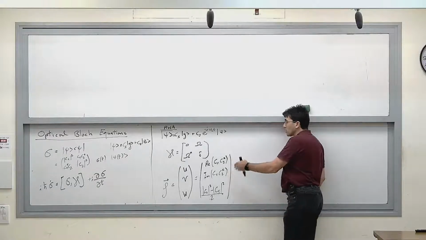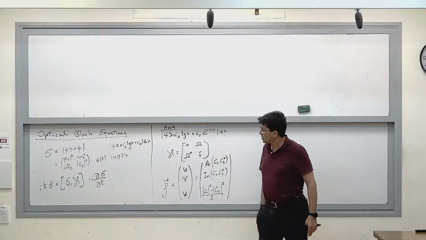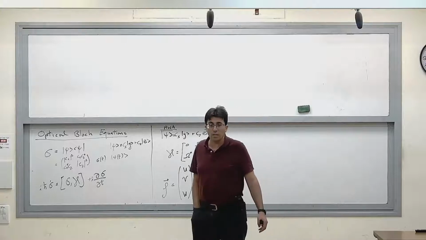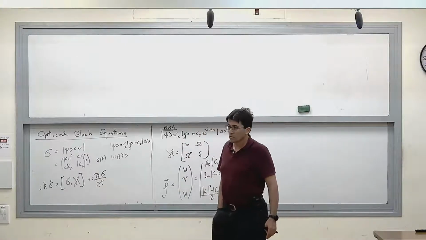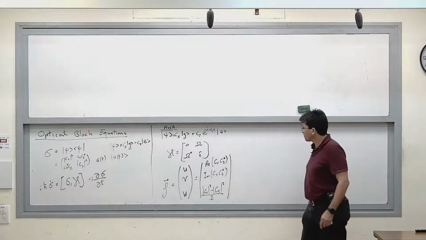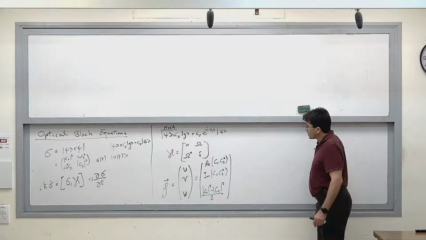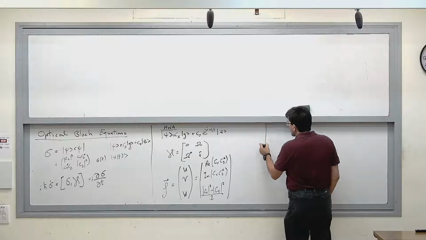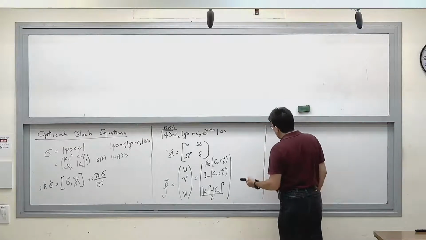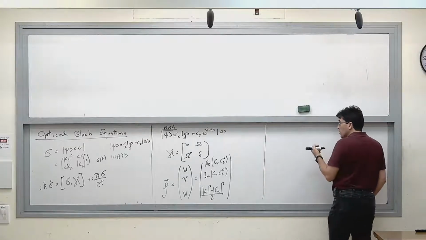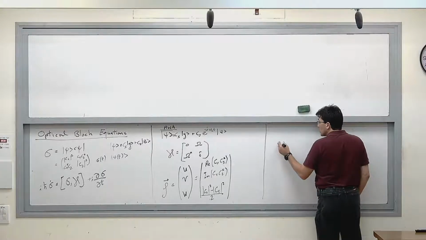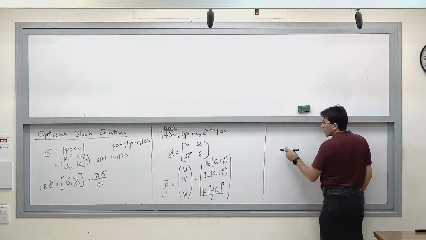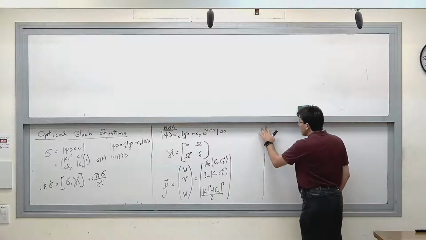And the real and imaginary part of the coherence tell us everything about the off-diagonal elements of the density matrix. And the other thing is that it makes a really nice dynamic equation.